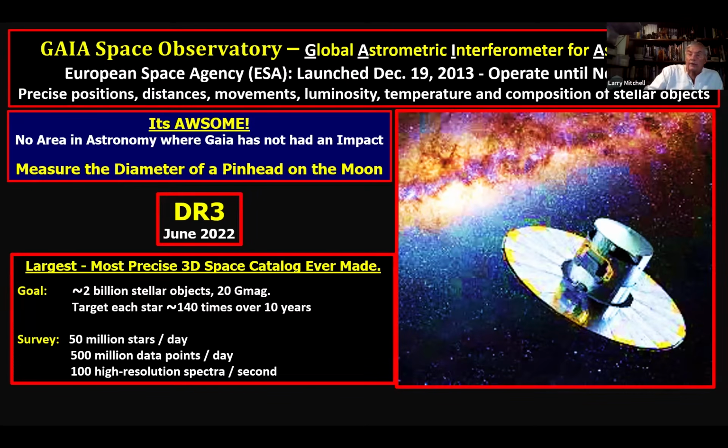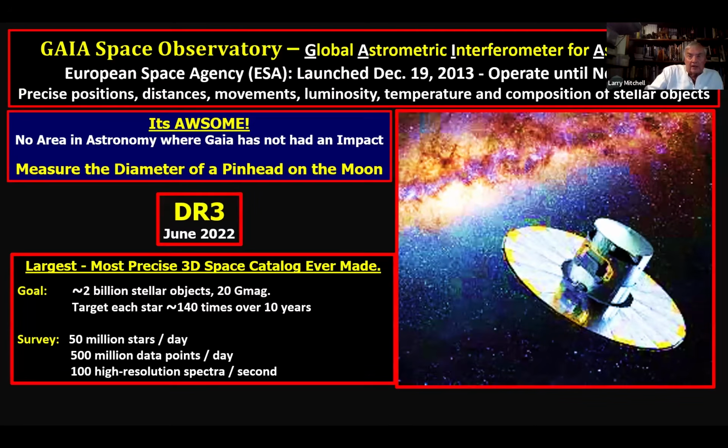Currently, we're on the third edition of material that has been published. The latest one was the DR3 version, published in June of 2022. This enables us to measure the proper motion of stars in the background to an accuracy of the diameter of a human hair from 1,000 kilometers away.